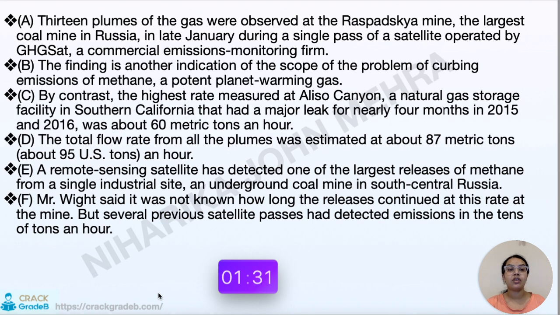Pay attention. Can you connect one sentence with another? Is there any connection? Focus on the keywords.